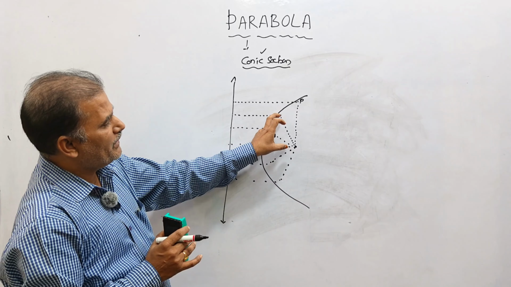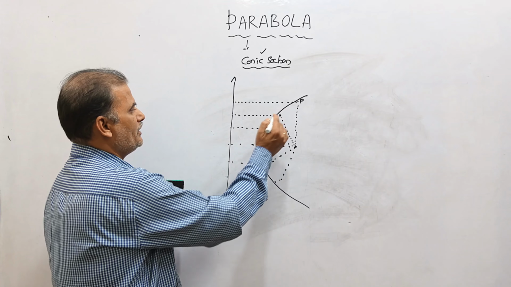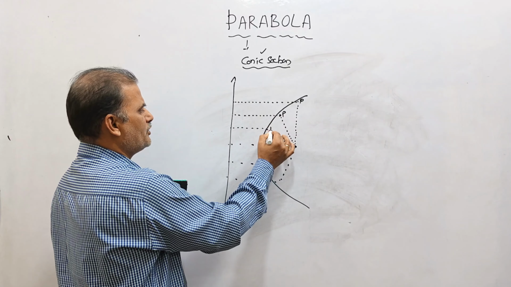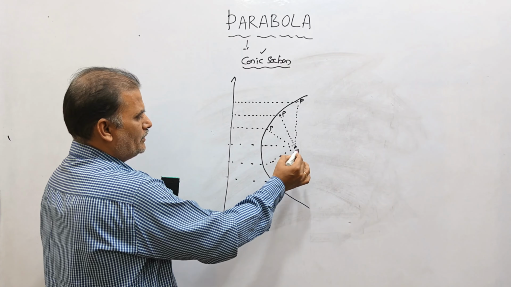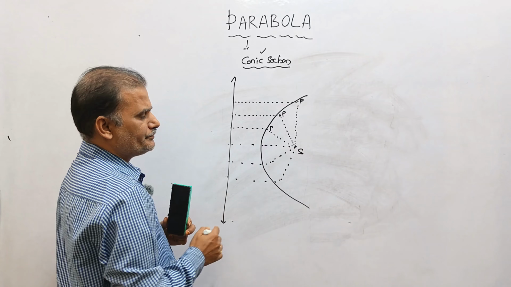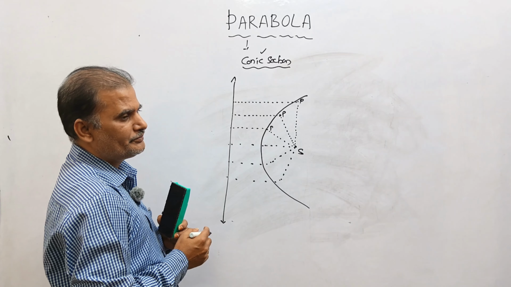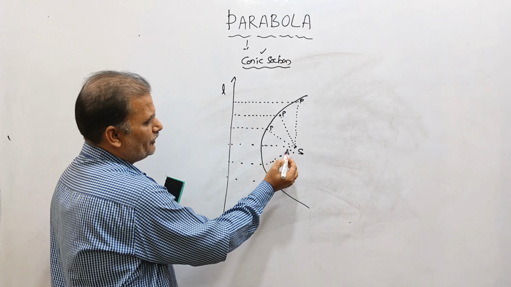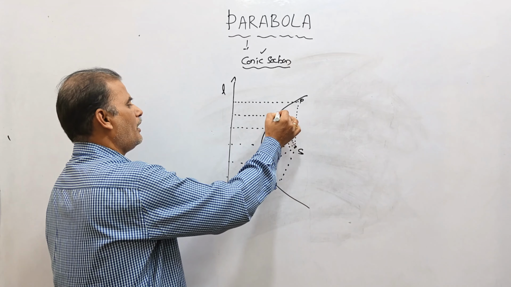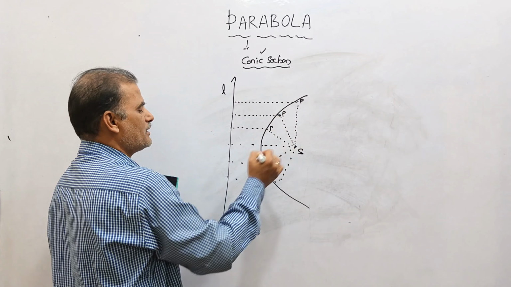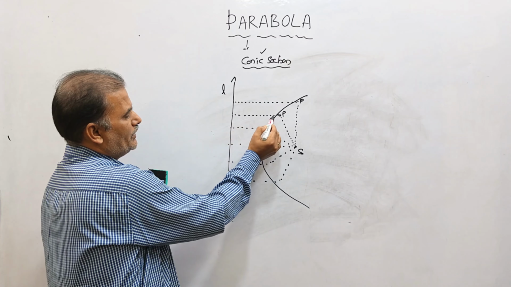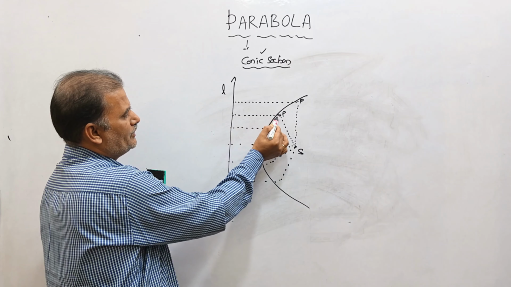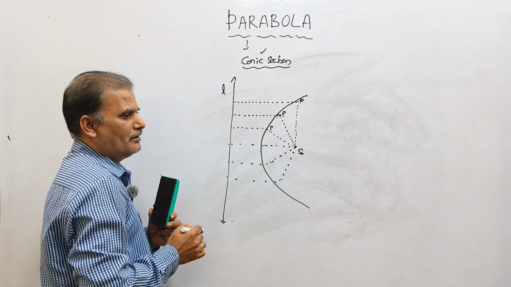That means SP equals, if you take one point here, SP, here also P. S is the fixed point, L is the fixed line. The distance from the point P on the parabola to the focus is SP, and the perpendicular distance from P to L.